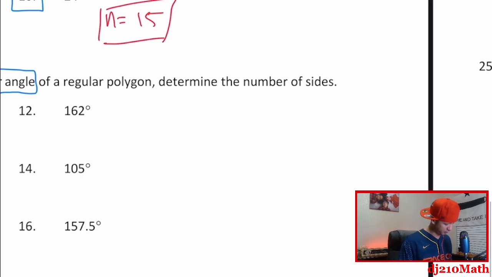Okay, 162. So 180 minus 162, we get 18 degrees. So 360 divided by 18.